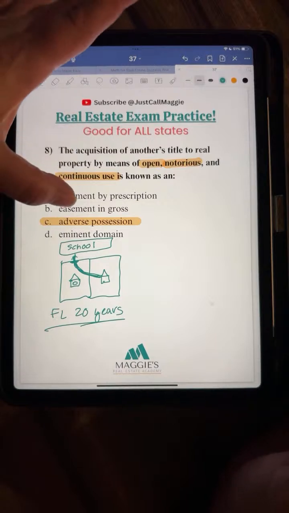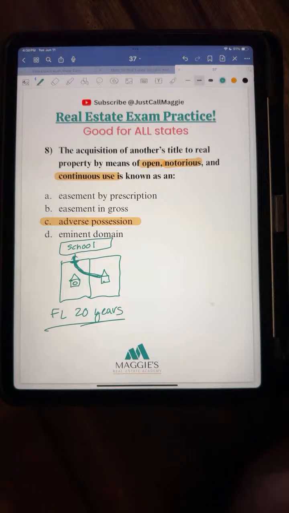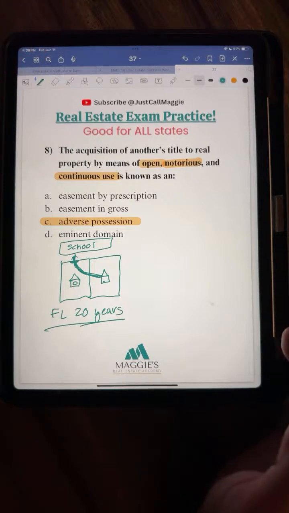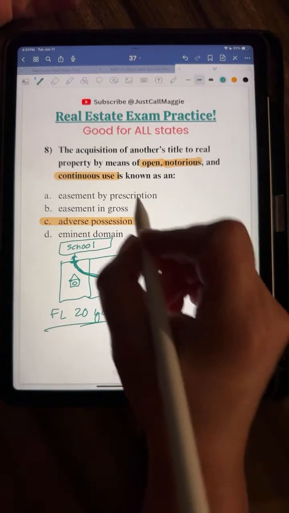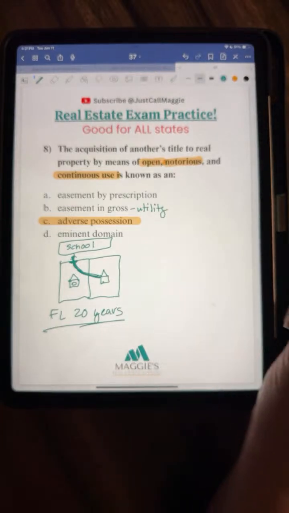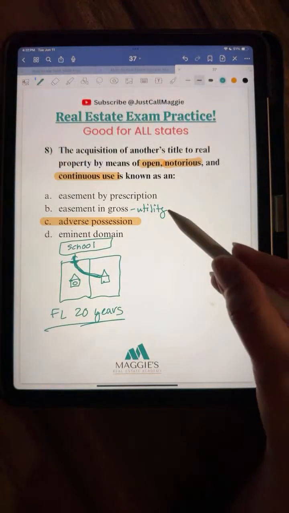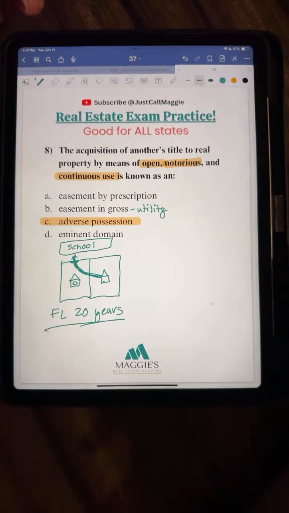Now, easement in gross is the right of access by one party into a parcel of real estate, which is usually a utility, right? So this would be like utility power companies, etc. So you're kind of giving the utility company a key to your backyard. It does not run with the land.